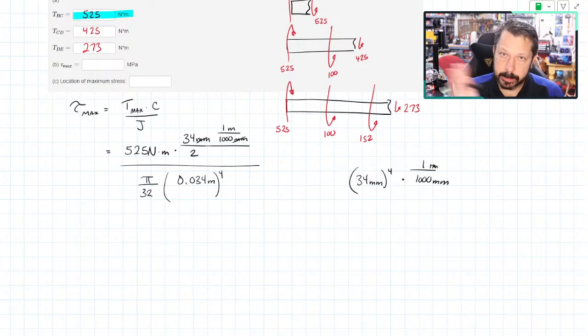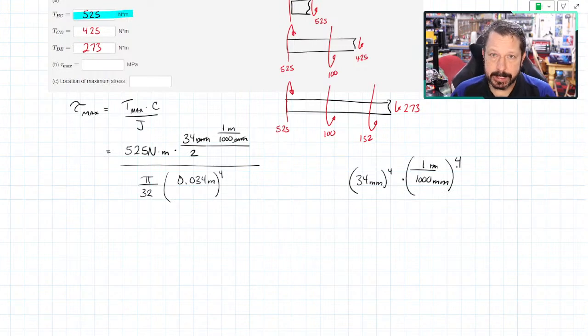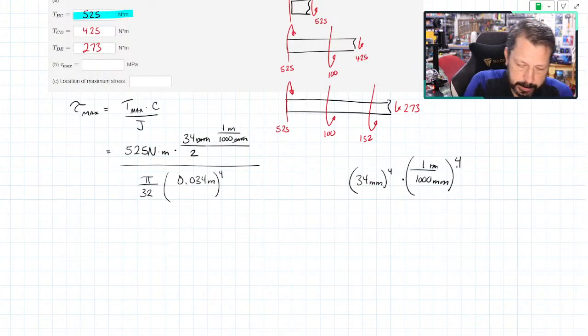So you either need to convert it beforehand, like I did here, before you do the exponent, or you need to take your conversion factor and raise it to the same exponent that the number is raised to. Otherwise, you won't get the correct conversion. So I just converted it beforehand, and then we'll do the exponent after the conversion.